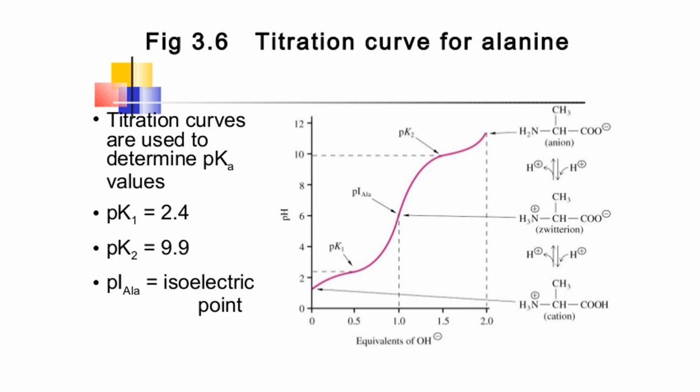This is the isoelectric point, where the net charge is 0. Below the isoelectric point, the amino acids are positively charged, and above the isoelectric point they are negatively charged.